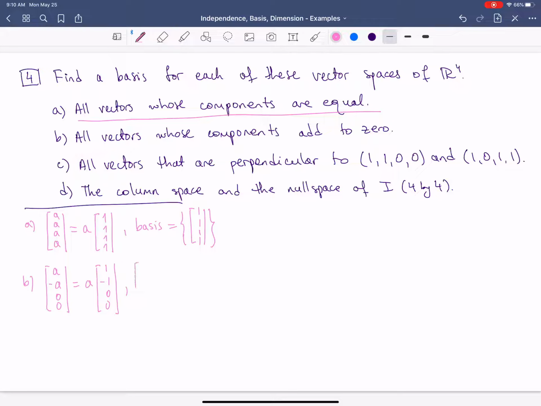Or I could have the first one to be a, the second 0, the next negative a, and then 0. So this gives me the vector a times 1, 0, negative 1, 0. And the third way to get 0 would be if I put a here and then negative a there.